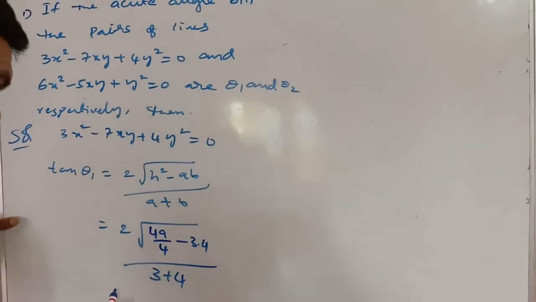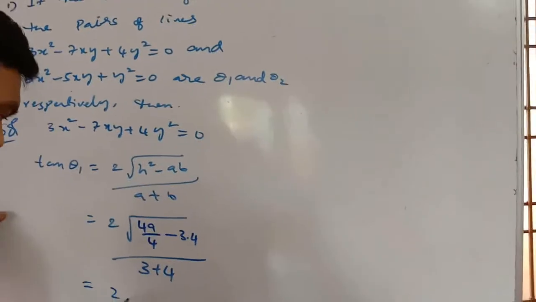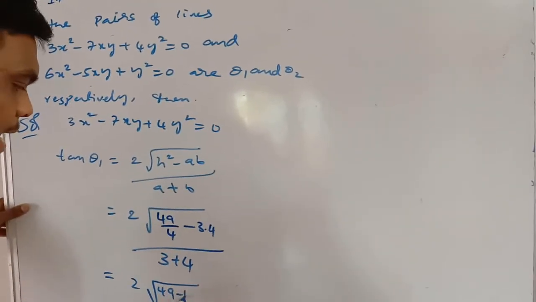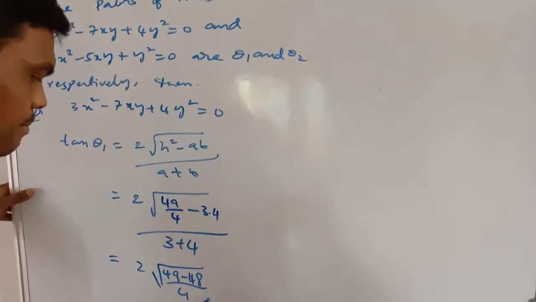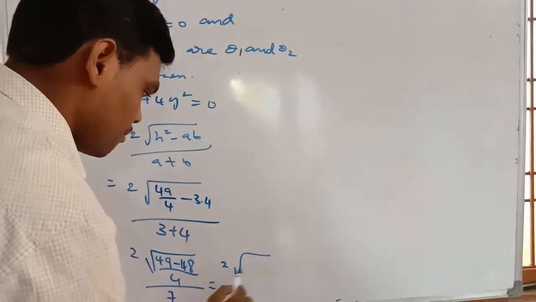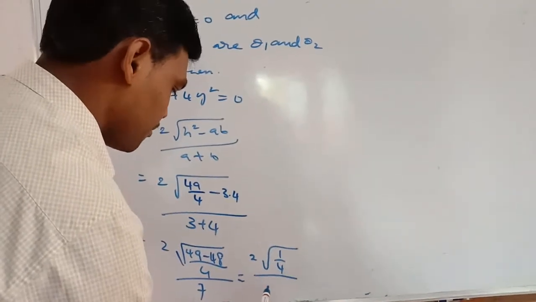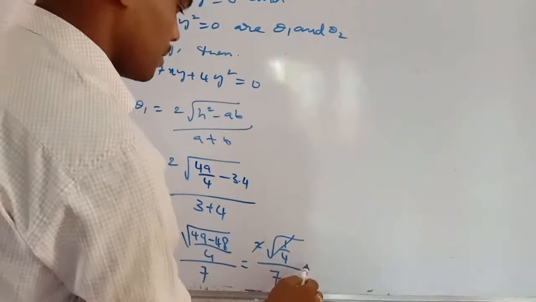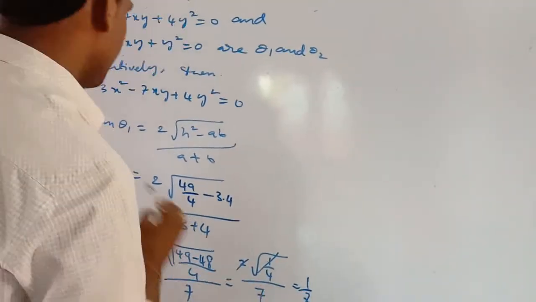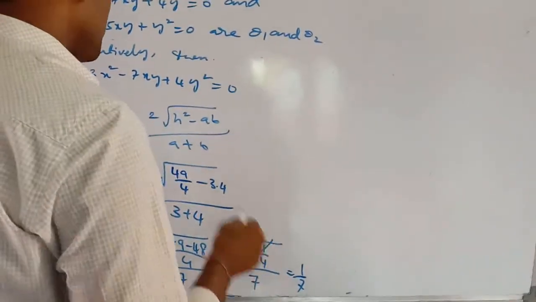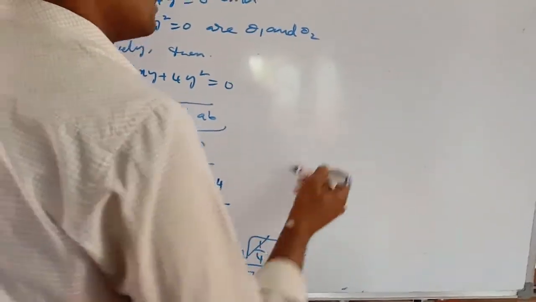That is 2 into root of (49 minus 48) by 4, by 7, which is 2 into 1 by root 4, by 7. The 2 cancels, so tan theta 1 is equal to 1 by 7.